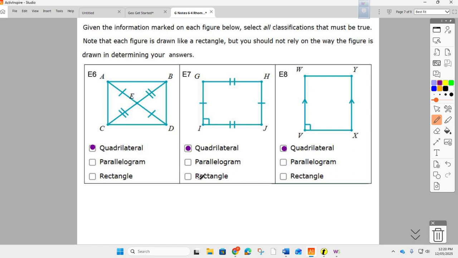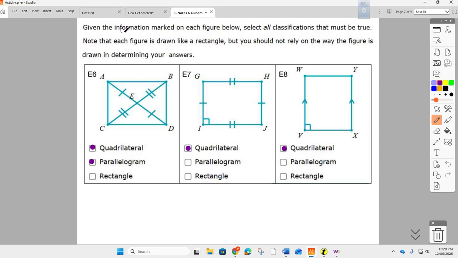Is this a parallelogram? Well, the diagonals bisect each other, right? So that's one of the tests. So it is a parallelogram. Is it a rectangle? Looks like a rectangle. But here, it says note that each figure is drawn like a rectangle. You can't just go with that. What is not marked that we need marked to prove that it's a rectangle?